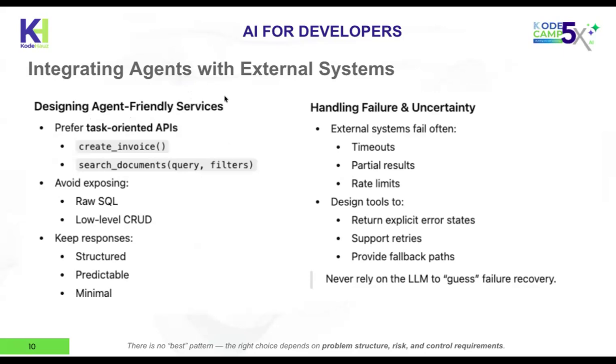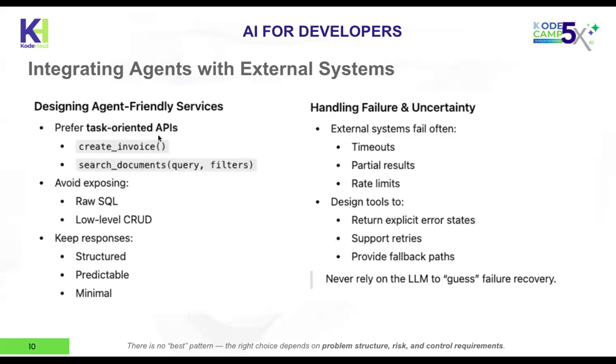And what does agent friendly mean? The API should be task oriented. In other words, the very name that you give, right? Because the agent can deduce from the name you give. So this is where self-documenting code and APIs are very important, right?